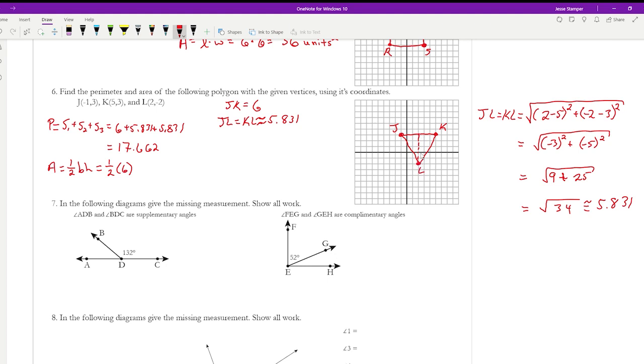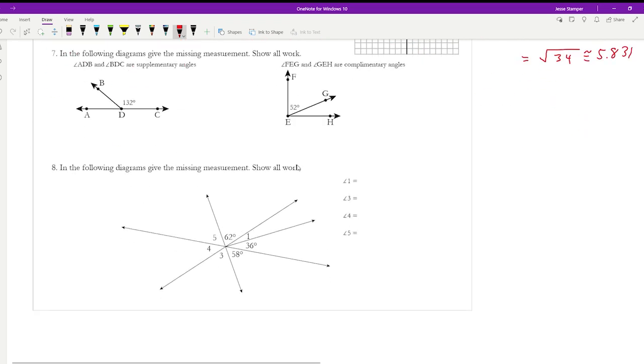If you count it up, it's 1, 2, 3, 4, 5 boxes. So the height is actually only 5, not 5.831. So when you multiply these together, you get 6 times 5 is 30. 1/2 of 30 is 15. And again, units squared and units.